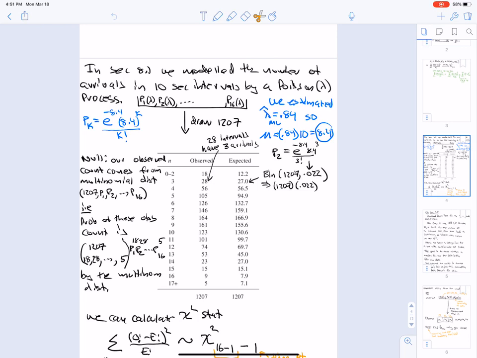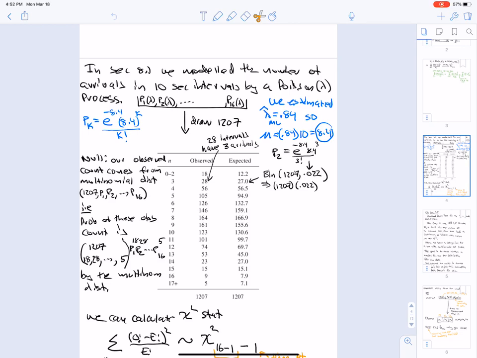Now, there's a total of 1,207 10-second intervals. And these probabilities are Poisson lambda, and so we computed lambda using an ML estimator. So we got mu to be 8.4, and so we could calculate these pk's using the Poisson formula.